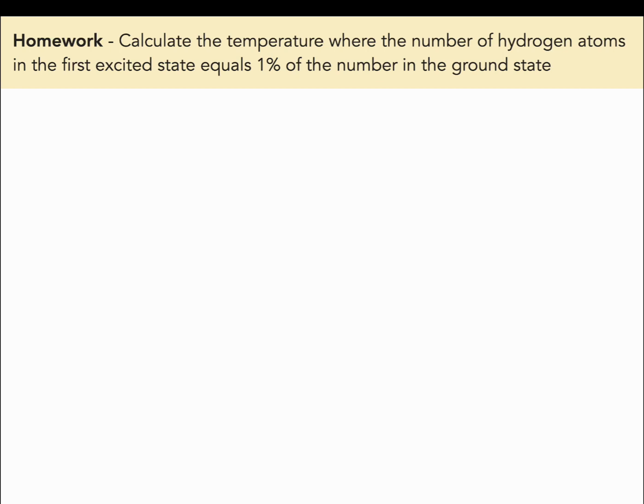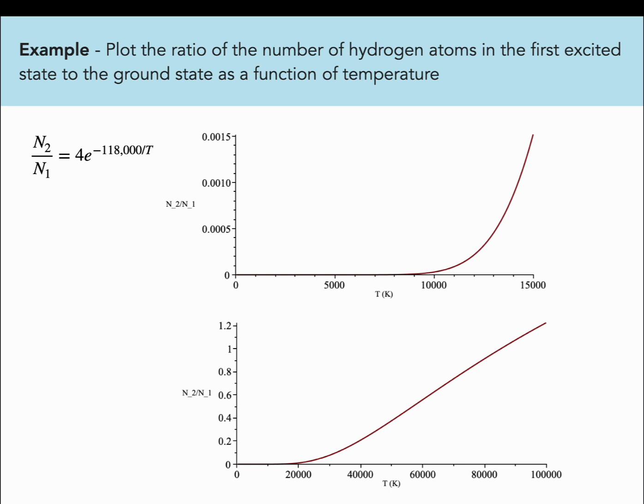So you have a homework problem. Calculate the temperature where the number of hydrogen atoms in the first excited state equals 1% of the number in the ground state. You can get some general ballpark idea what the answer should be from this previous plot. That'd be 10% right here. To have 10% in that upper state, that looks like roughly a little less than 30,000 Kelvin.